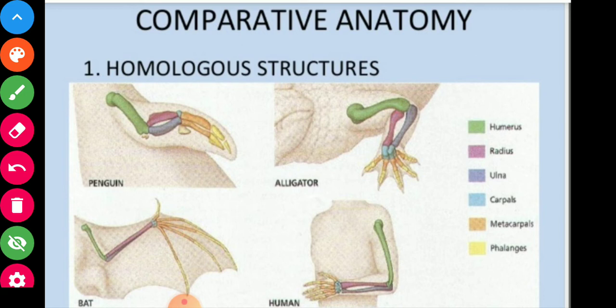Number one, the evidence for the evolution is under which we can study the comparative anatomy. The anatomy of the organs, they shed a light on the process of evolution.